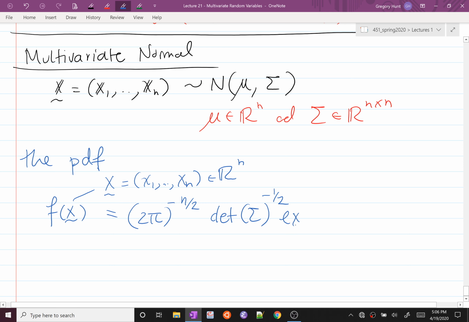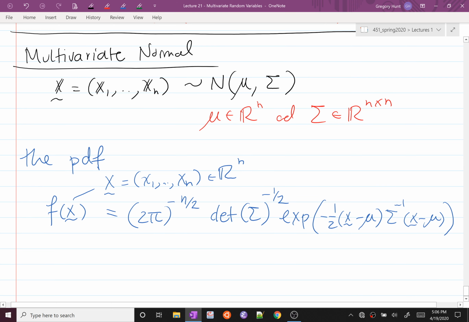And we have an exponential of negative 1/2 times x minus mu. This is all vectors now. Normally it would be negative 1/2 over sigma squared times x minus mu squared, but we're going to write it like this: x minus mu transpose, sigma inverse, x minus mu. So this is the PDF.